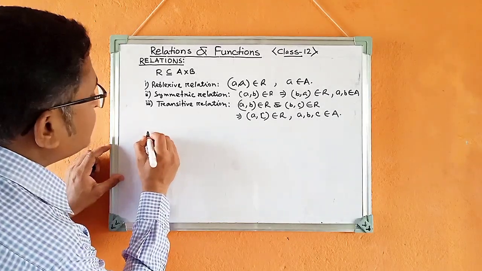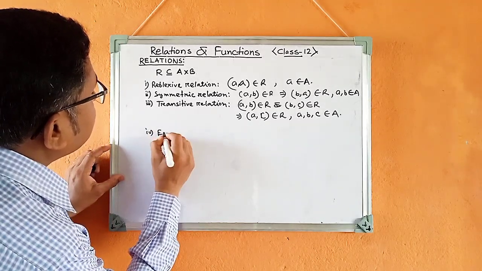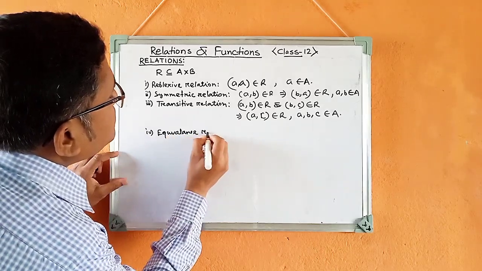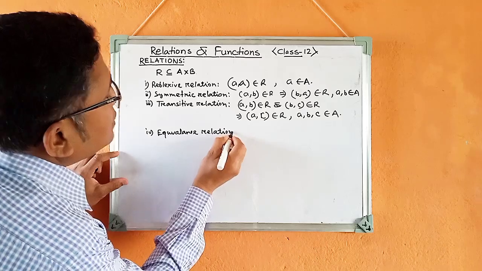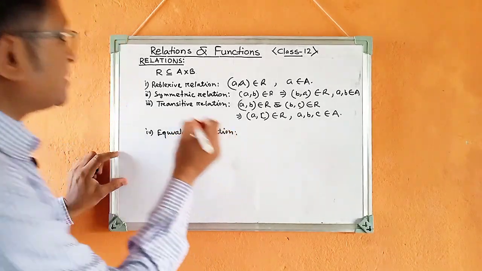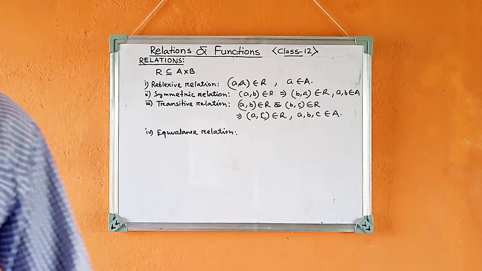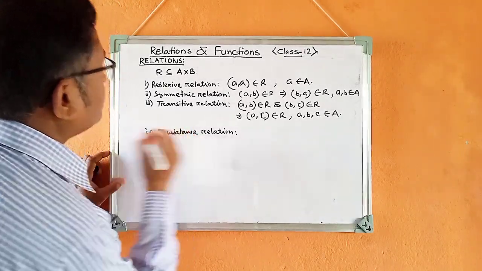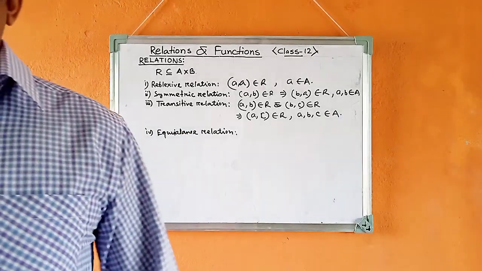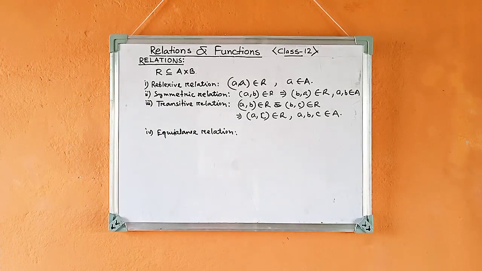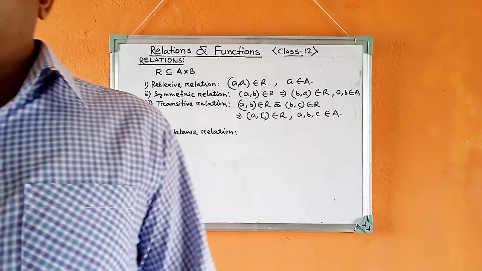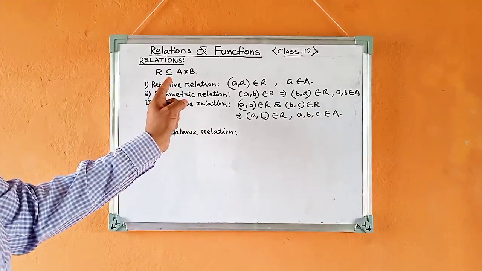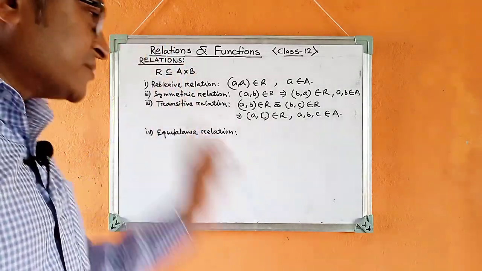So what is an equivalence relation? A relation R on a set A is said to be an equivalence relation if it is reflexive, symmetric as well as transitive.